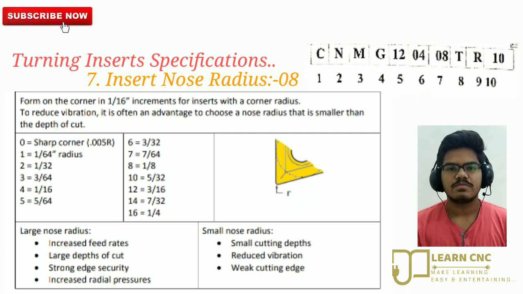The nose radius is a key factor. A large nose radius permits higher feeds, and a smaller nose radius is used if there is a tendency to vibrate. In the above example, a 0.8 nose radius insert is chosen and specified with number 08.